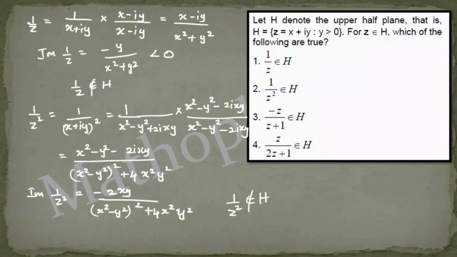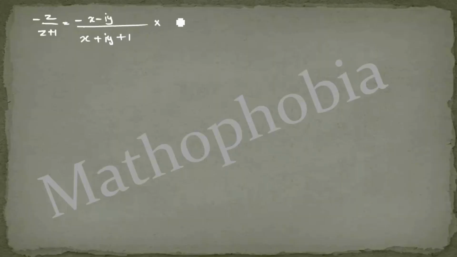Next third option பார்க்கலாம். minus z by z plus 1. So minus z by z plus 1 is equal to minus of x plus iy by x plus iy plus 1. இதுக்கு conjugate multiply பண்ணிக்கலாம். x plus 1 minus iy by x plus 1 minus iy.